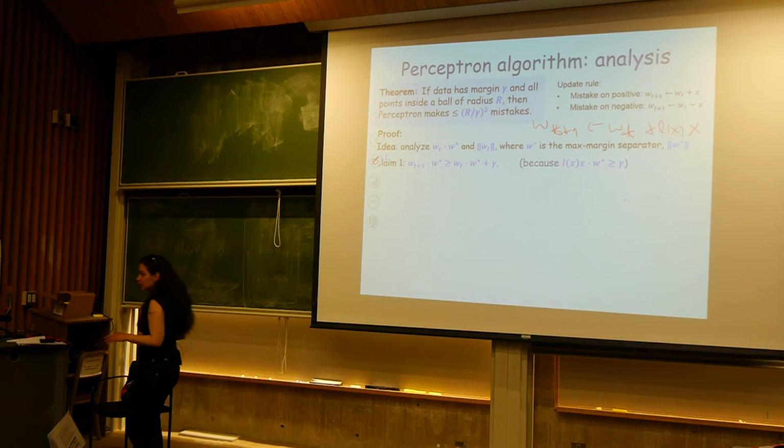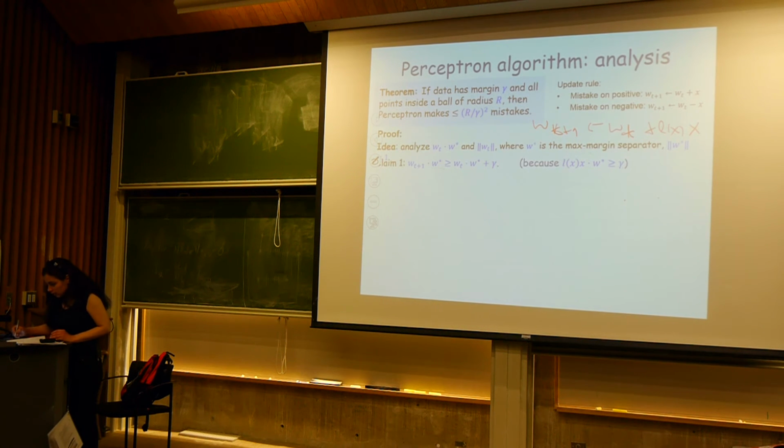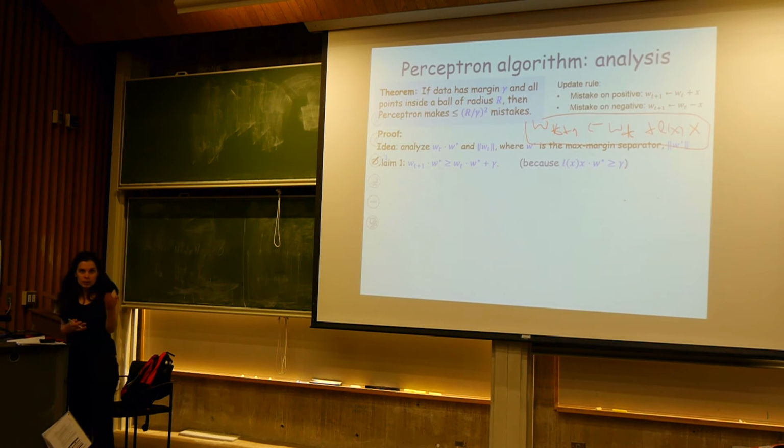Is this clear? Another way to rewrite the update rule: when I make a mistake, I update the vector as follows.